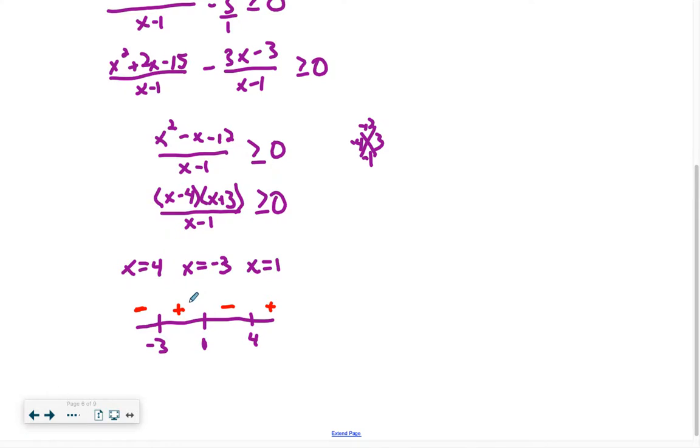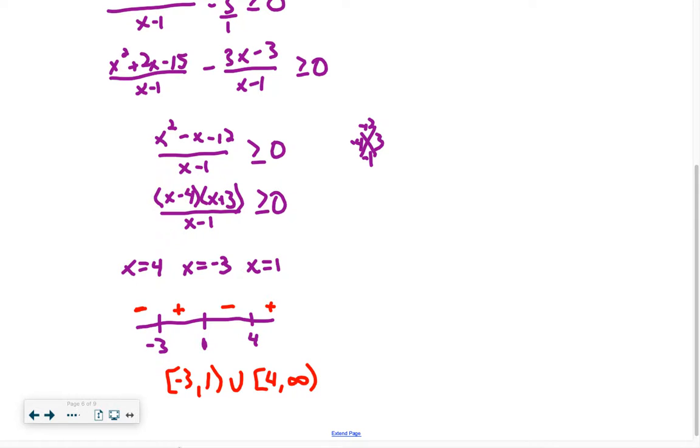So that means that I want the positives on my sign chart. My answer is going to be this interval here and this interval here. So I'm going to say my answer is negative 3 to 1 and 4 to infinity.